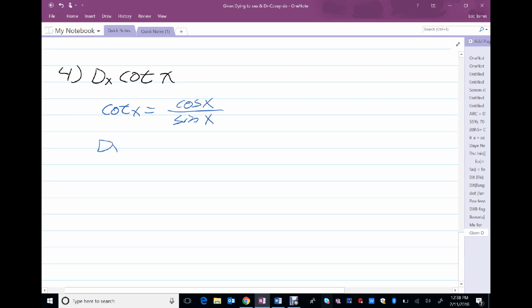Then the derivative, using the quotient rule, of cotangent of x will equal the derivative of the top, and the derivative of cosine is negative sine, times the bottom, minus the top times the derivative of the bottom. The derivative of sine is cosine, all over the bottom squared.